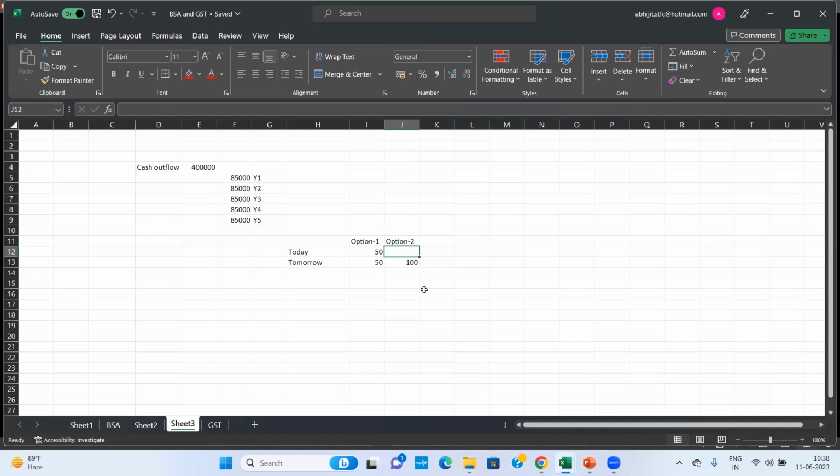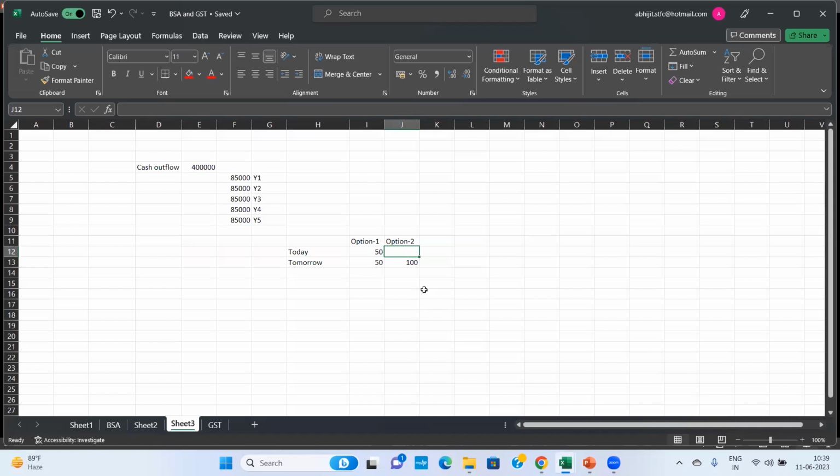Very good, Praveen. So 50 rupees today is more than 50 rupees tomorrow because of inflation. No, eventually you have 100. But if you go for the second option, eventually you have less than 100, because the commitment is done today, right now.